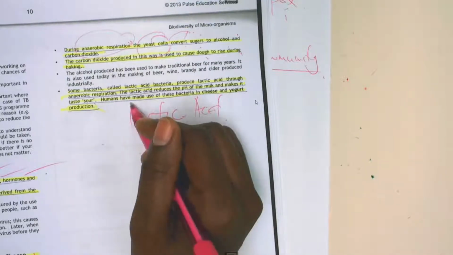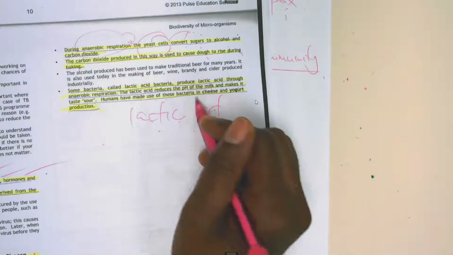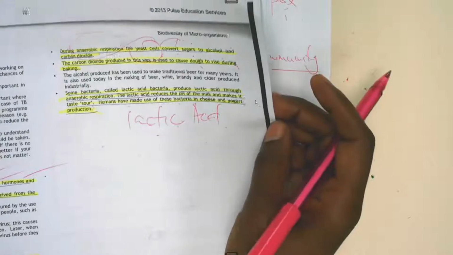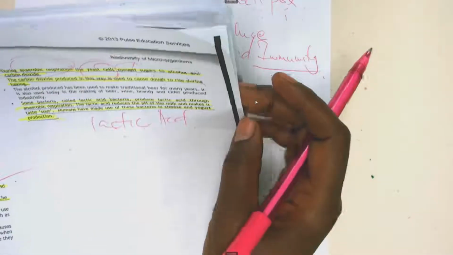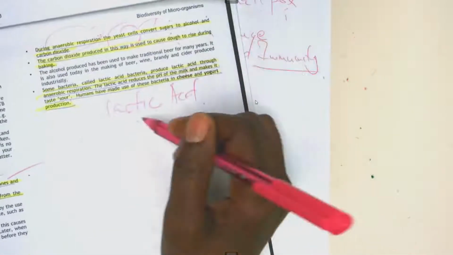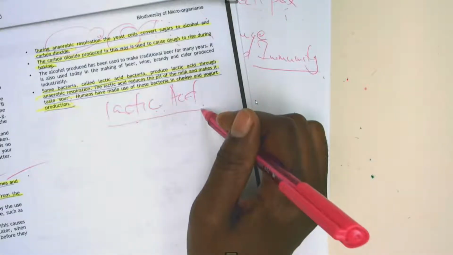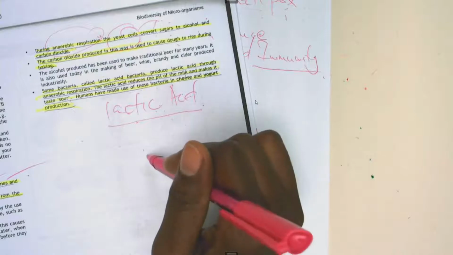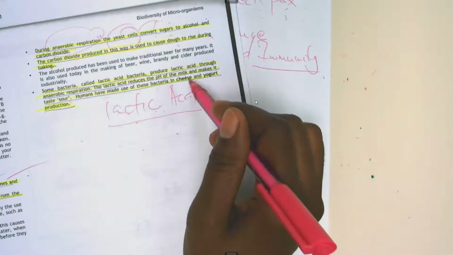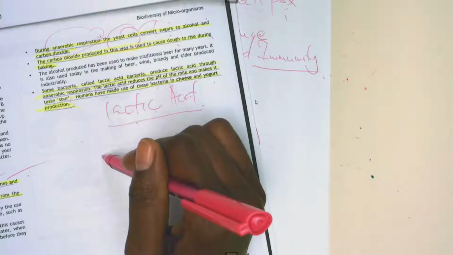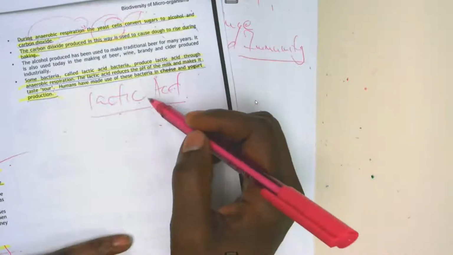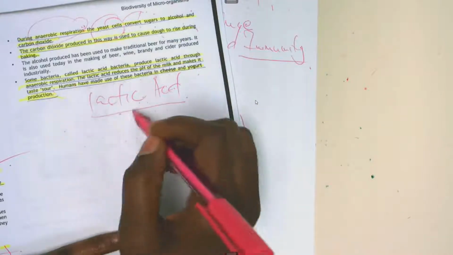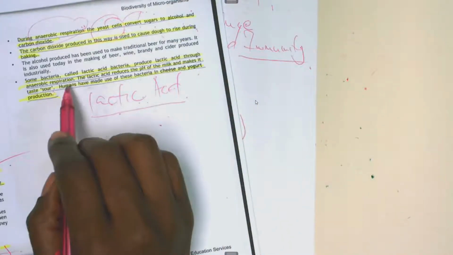So humans have made use of this bacteria in production of cheese and yogurt. So it means that there is this bacteria called the lactic acid bacteria, and it is being used in the production of what? Of cheese and yogurt. So it produces lactic acid by the process of anaerobic respiration.